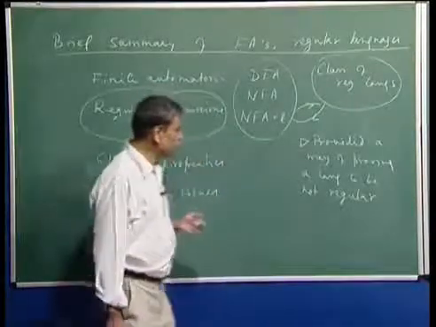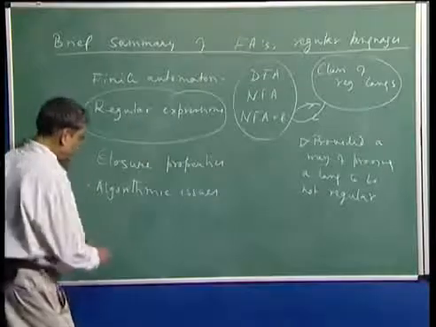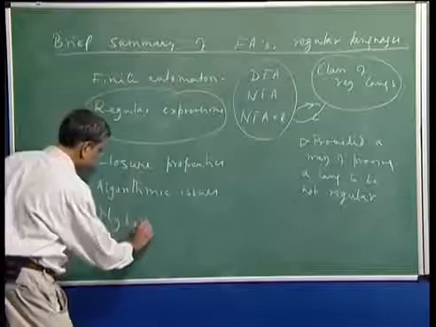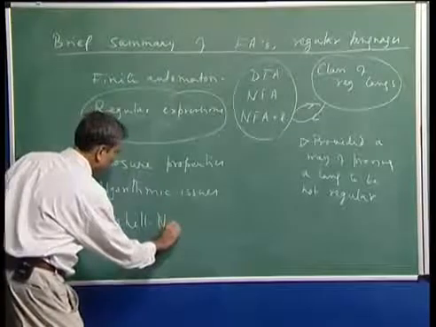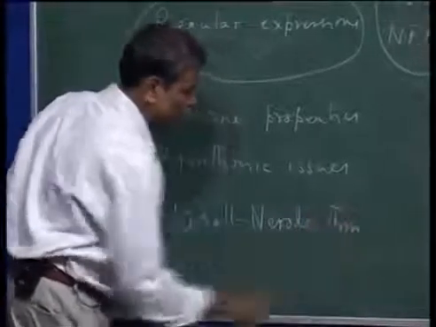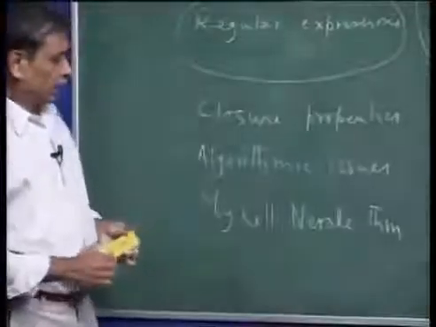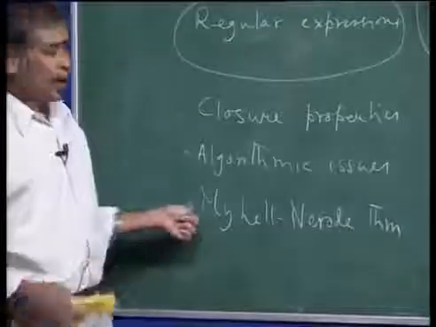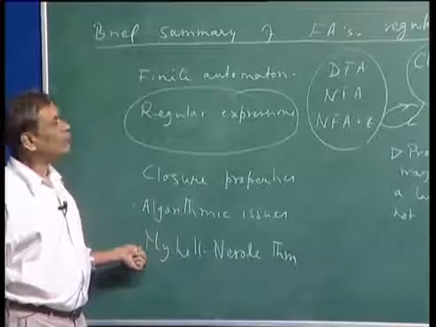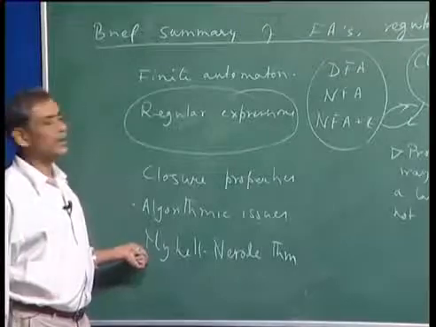And then finally, in the last few lectures, we looked at the Myhill-Nerode theorem, and showed how it gives us a way of minimizing states of DFAs.